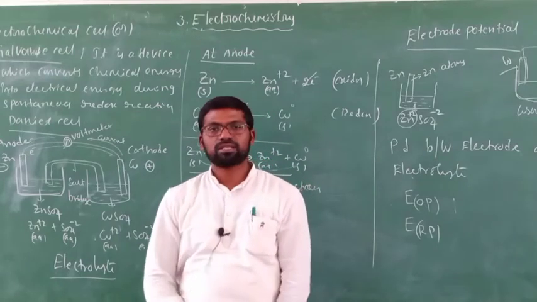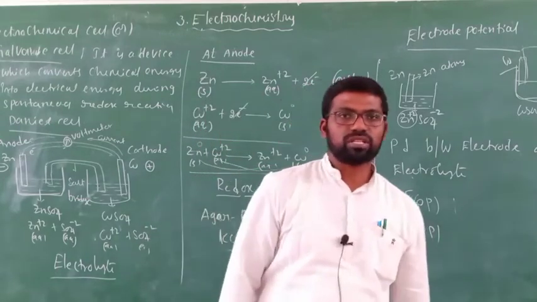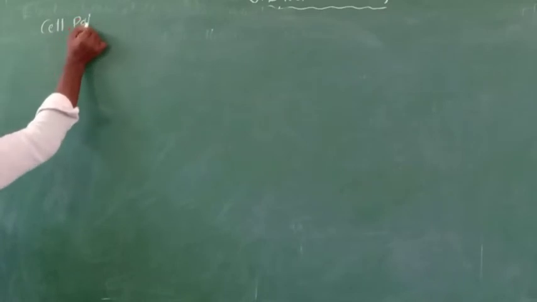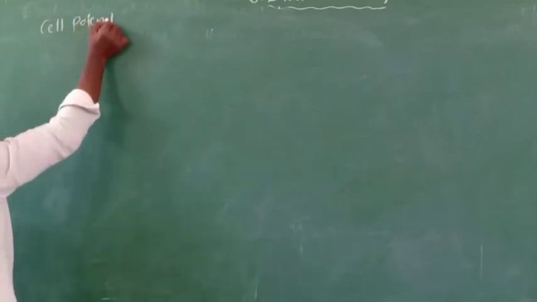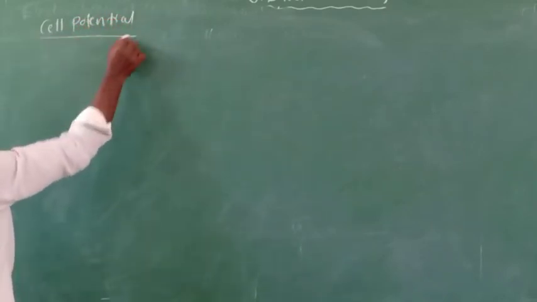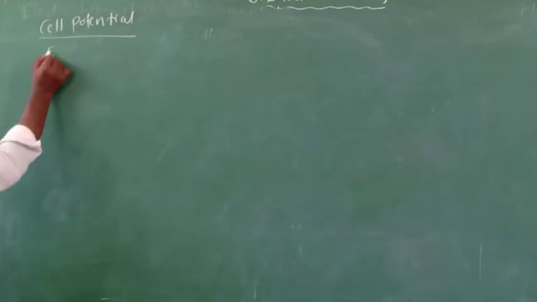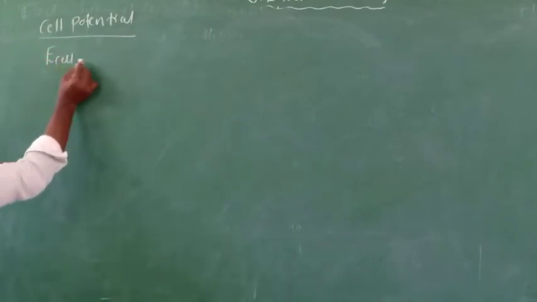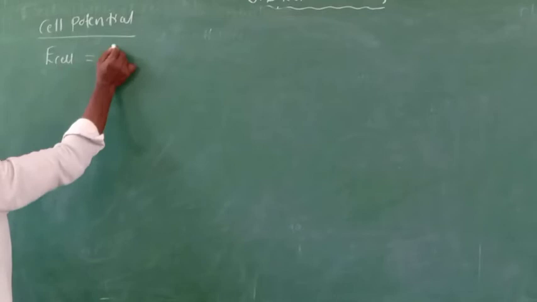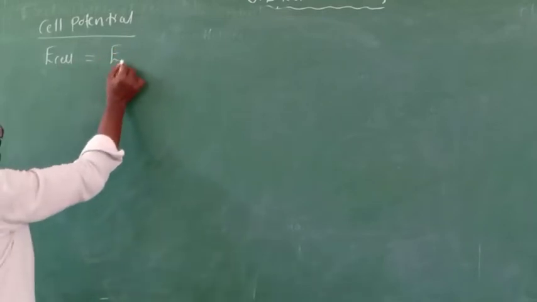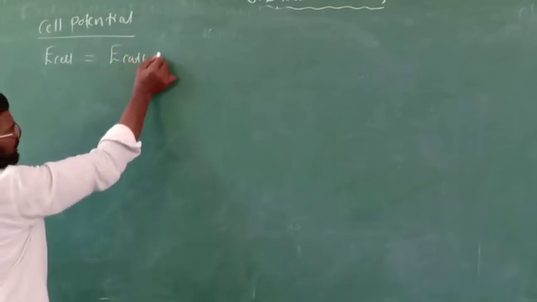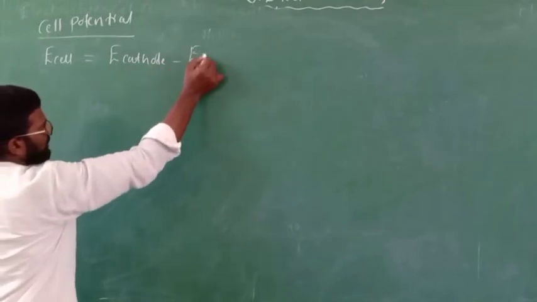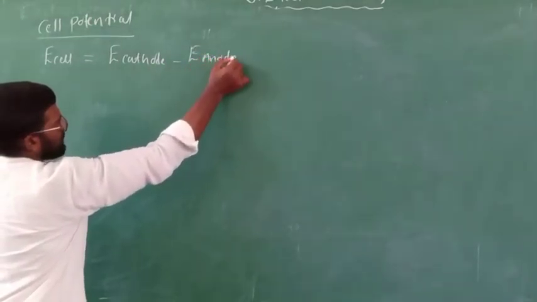Right. Now let us discuss what cell potential is. How to determine cell potential? There is a simple formula: E cell is equal to potential of cathode minus potential of anode.